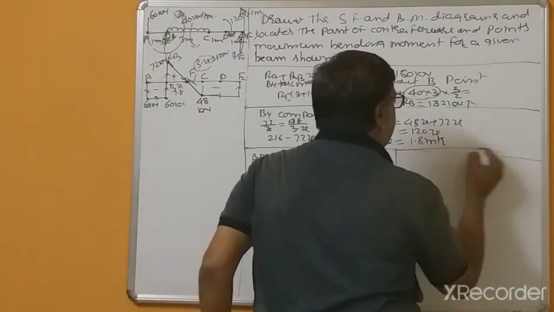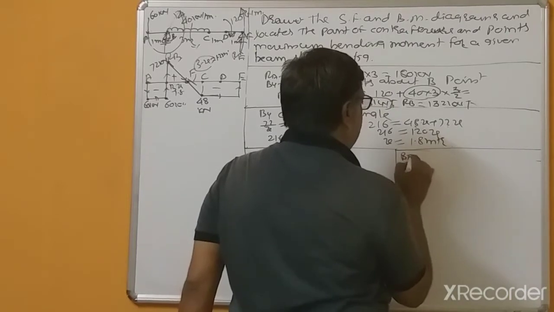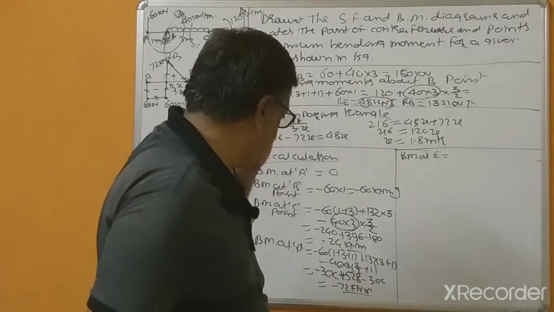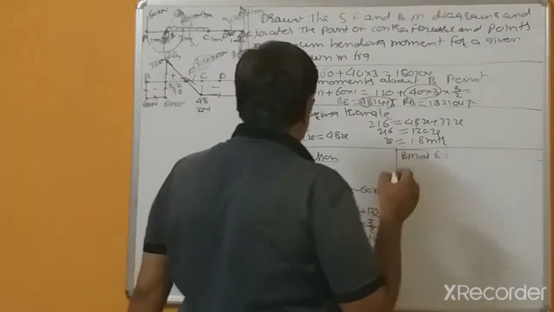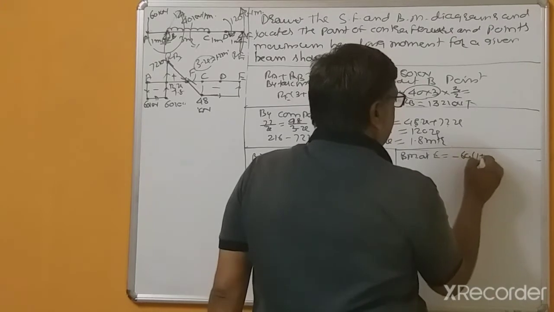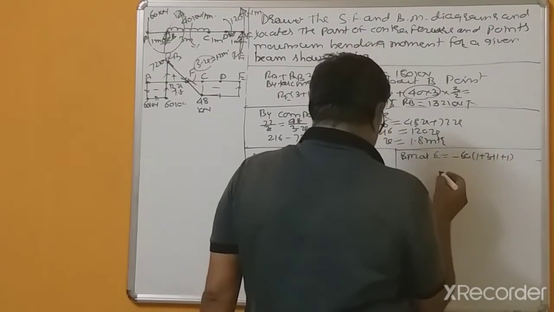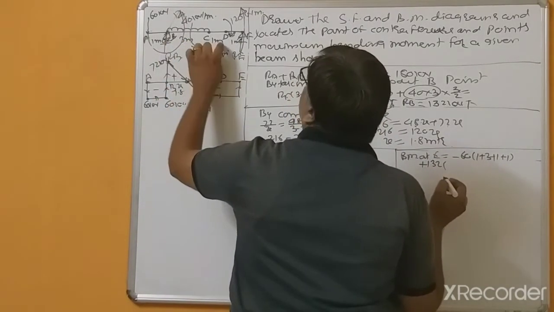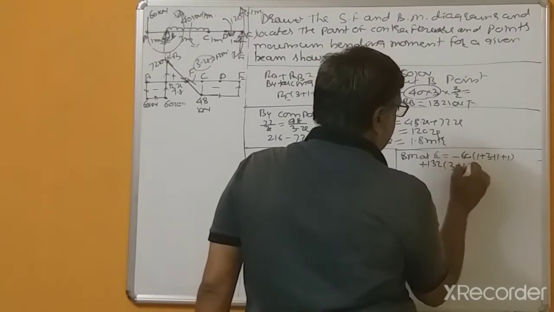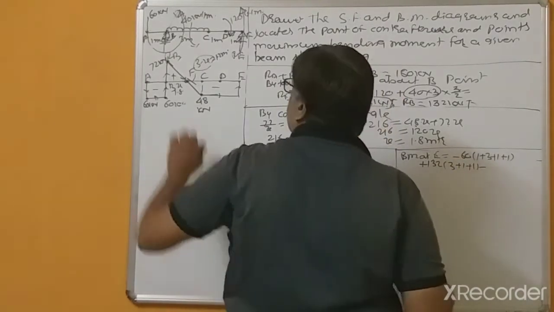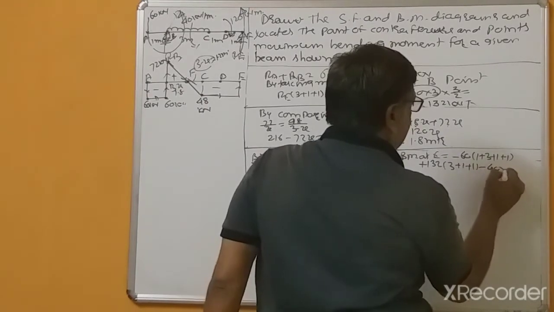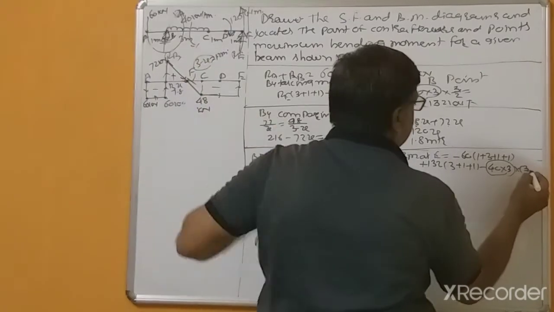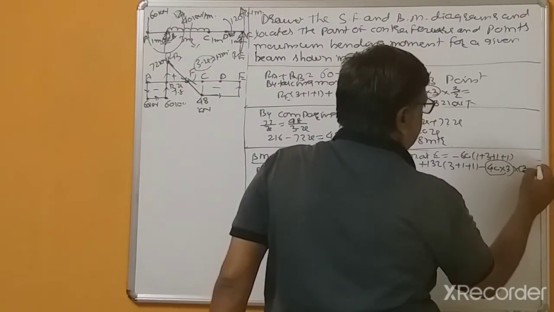Lastly, only for checking purpose, because this is the bending moment at E point and this should be 0. Here we have to increase the distance: minus 60 into 1 plus 3 plus 1 plus 1, plus 132 into distance 3 meter, 1 meter, 1 meter, so 3 plus 1 plus 1, and this is minus anti-clockwise moment, 40 into 3 shear force, distance half of it, 3 by 2 plus 1 plus 1.